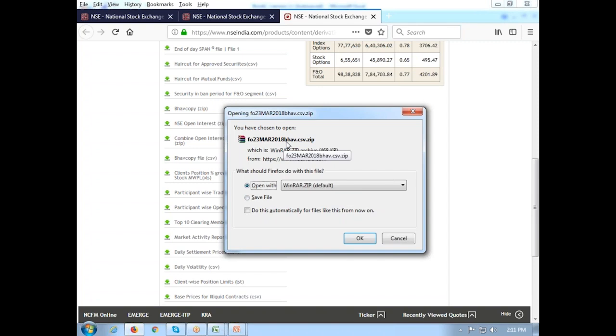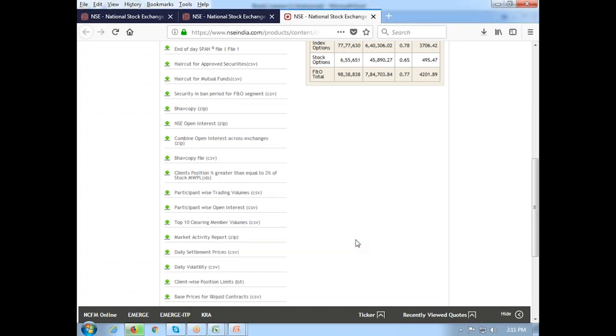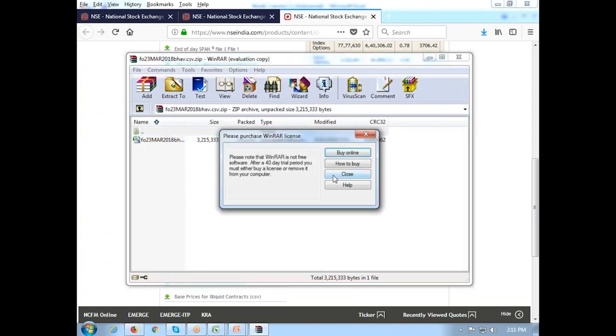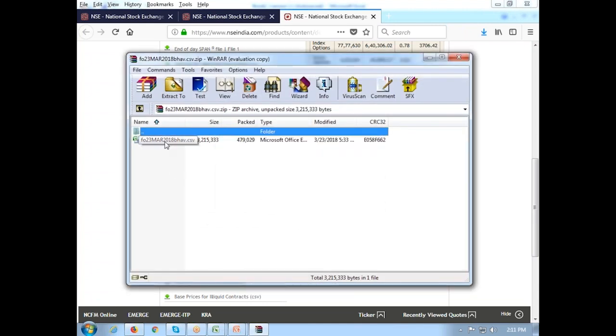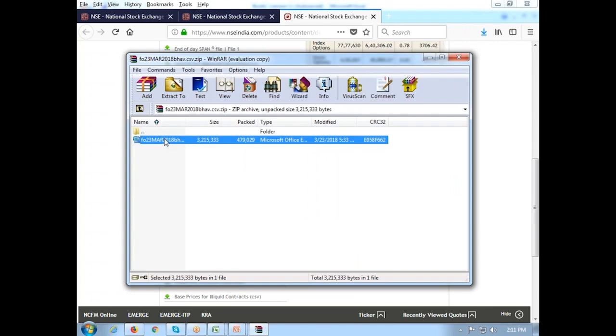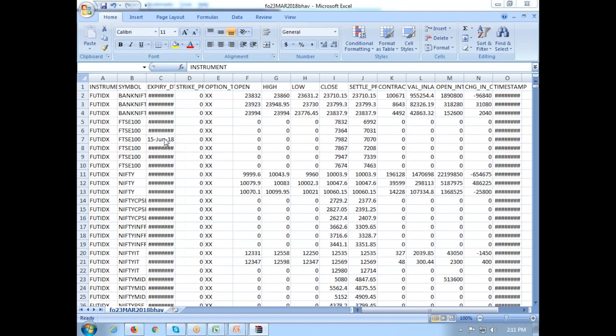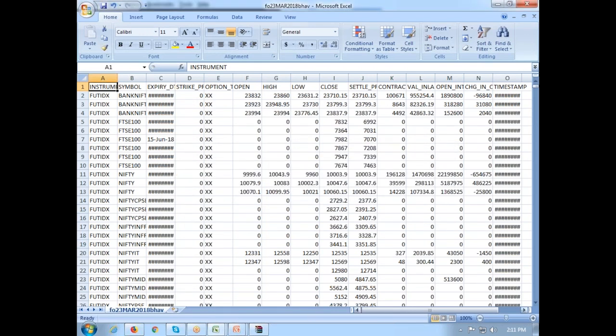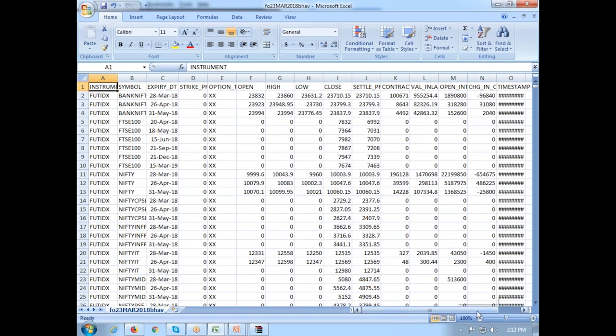Today is not a trading day. 2018, and you open this bhav copy. This is the CSV format. FO 23 March. You open this. This is the data you have.